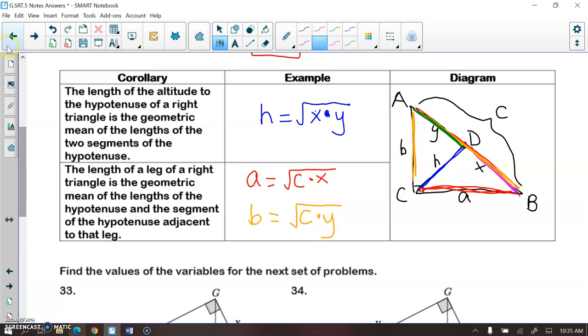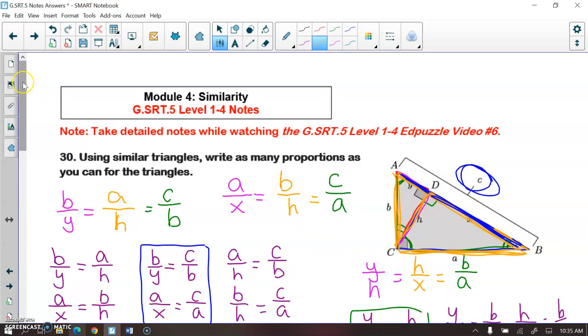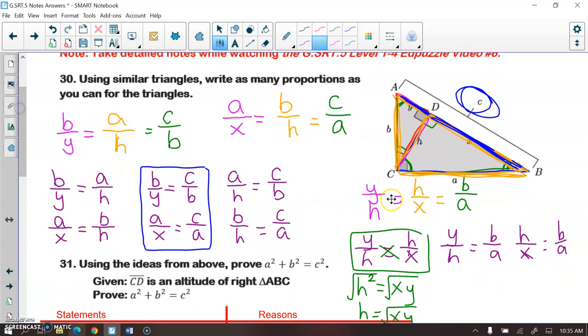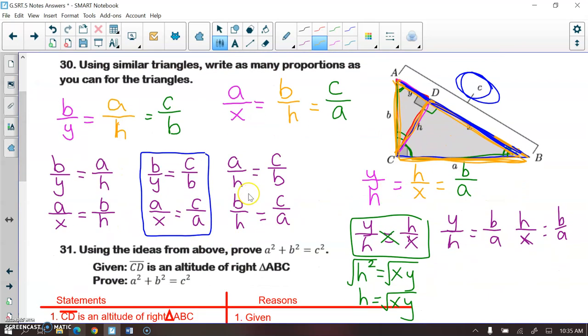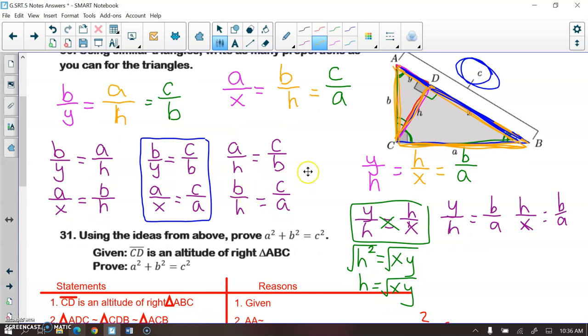We get these two equations from the similar triangle proportions that we created on this page as well. For example, we get it from the two that are boxed in blue.